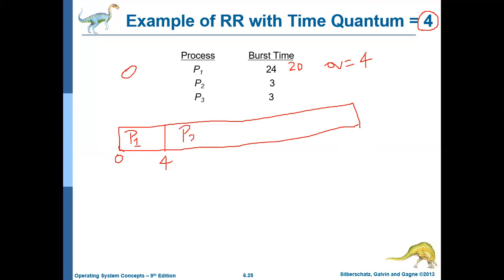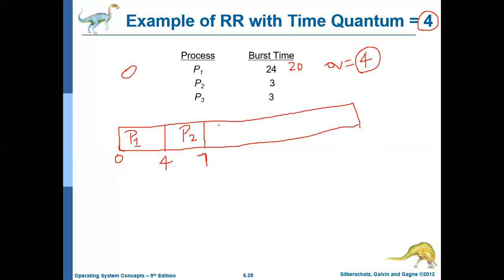Then the operating system switches to process P2. P2 needs only 3 milliseconds, but it can use up to 4 milliseconds because the quantum is 4 milliseconds. So after 3 milliseconds, at the 7th millisecond, P2 will release the CPU because it no longer needs it. Now the operating system checks who is next in the ready queue.